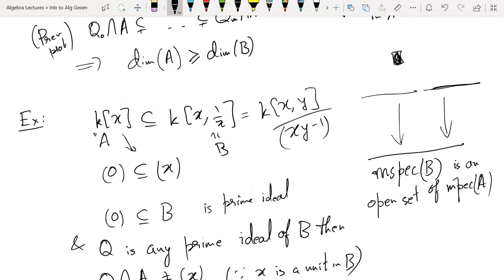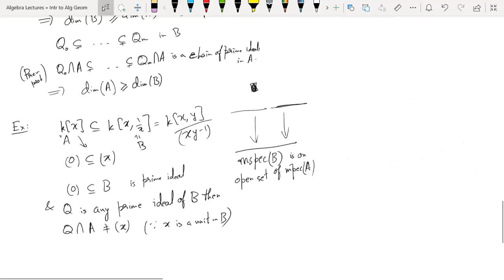So you're just removing the origin and the rest of the points are there. Okay, so that's how it is. So of course, lying over doesn't hold if you take the origin. There is no point above it in m-spec B, because it's the inclusion of an open subset, so you can't capture the missing point.